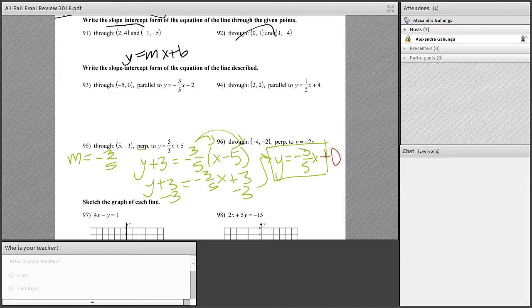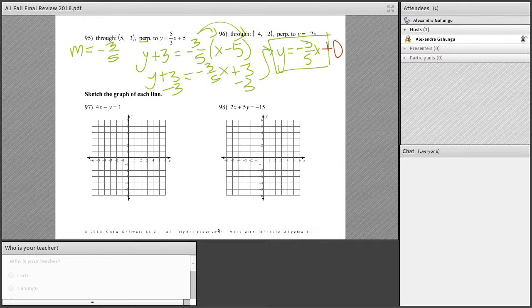Alrighty, graphing. So for graphing, we want to start with the y-intercept, but unfortunately I like seeing it in slope-intercept form, so it's just a little easier to pick out all the important info.